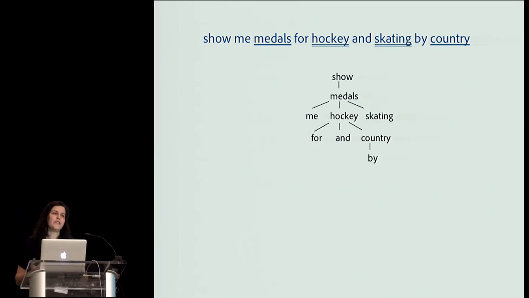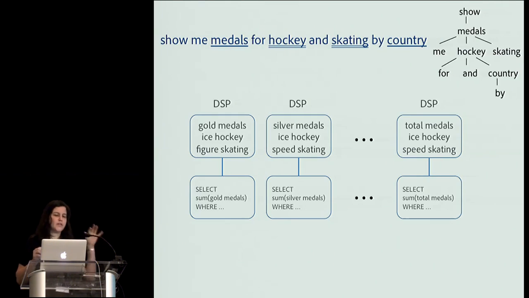And so the other thing we do is we use the Stanford NLP parser to generate a dependency tree. So we combine the tagged question along with the dependency tree to generate a set of possible data specifications, each of which corresponds to an actual SQL query.